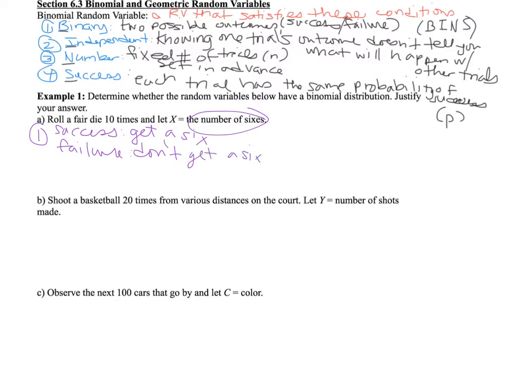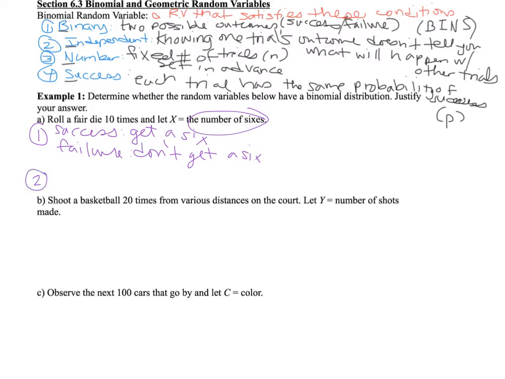So even though our variable is defined as the number of 6s, actually we're either going to get a 6 or we're not going to get a 6. Those are going to be called our success and failure. We don't care about any numbers other than 6. 1 through 5 are all going to be grouped together in 1.